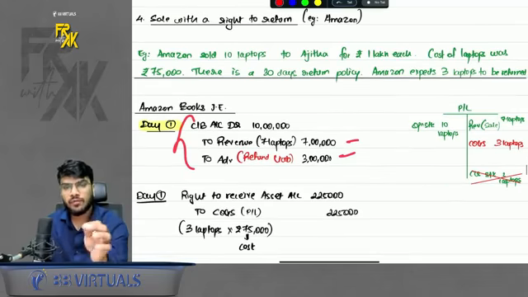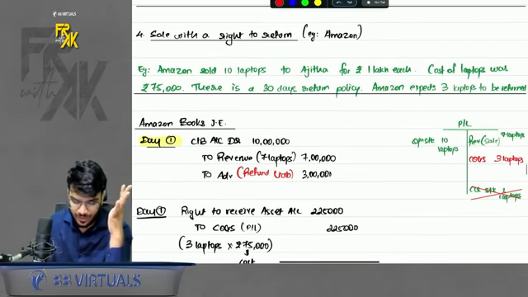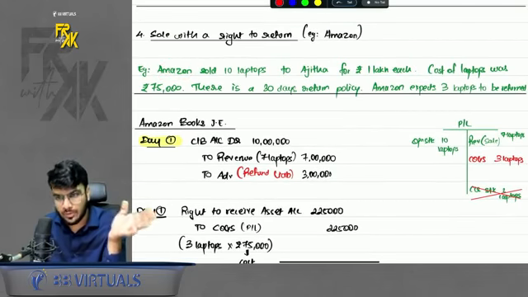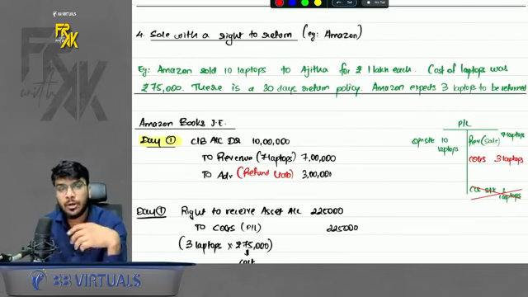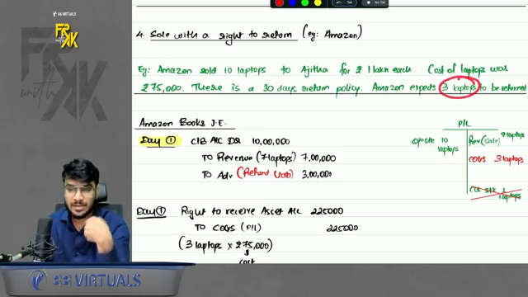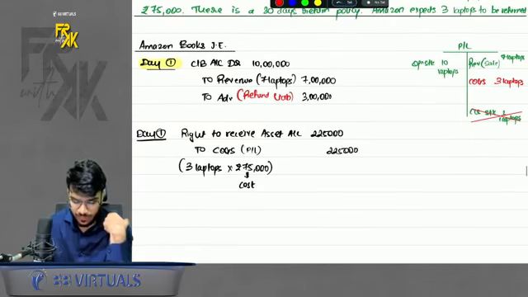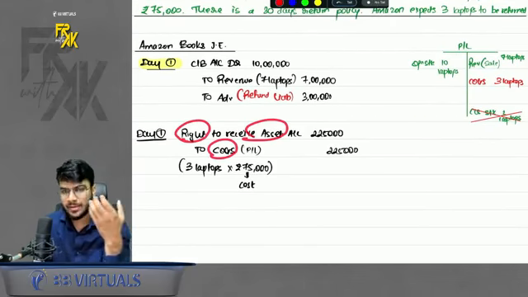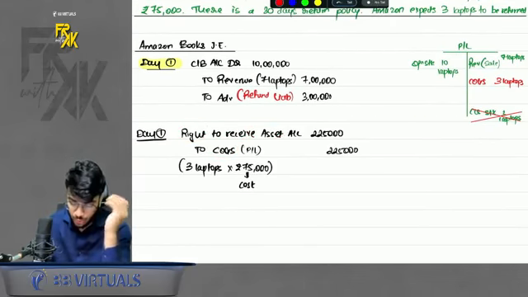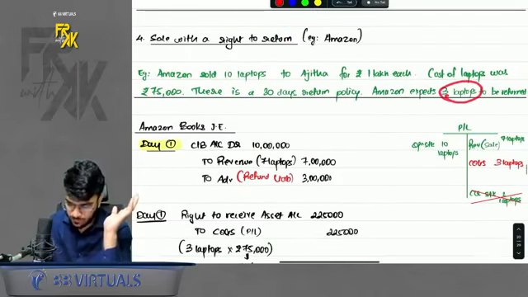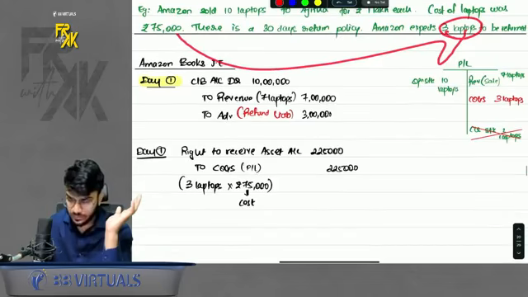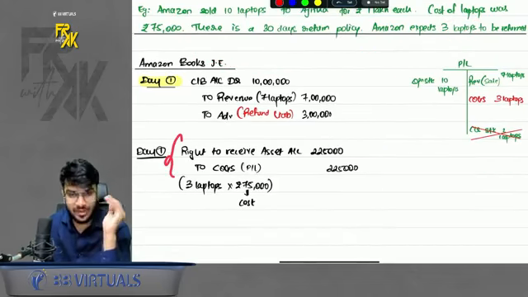Second thing, on day one one more entry will come where Amazon has an obligation to give the money back on return. It also has a right to recover the laptops from the customer. Okay. So it will record the right to receive asset and credit to COGS. Okay. At cost of the asset. So 3 laptops, whatever is the cost, you will record this. Okay. So the second entry on day one is important.